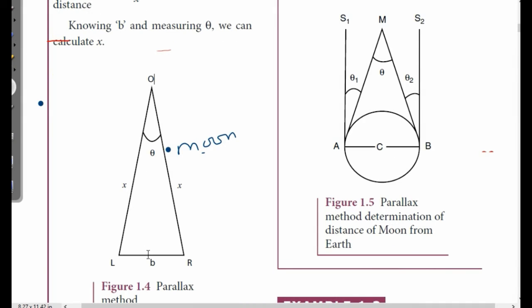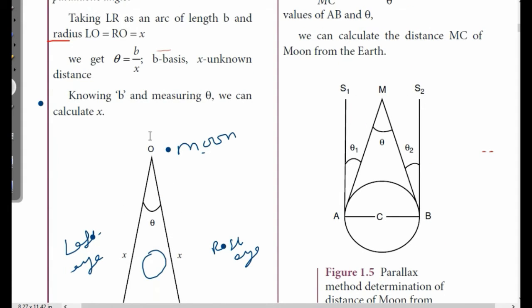We are standing here, and this is the left eye and this is the right eye. We close the right eye and see from the left eye, noting the angle.